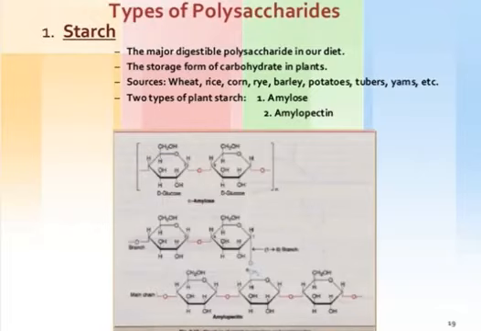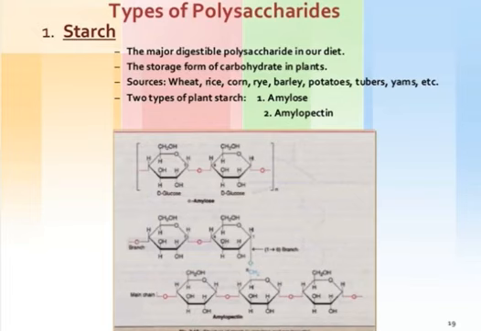Types of polysaccharide, that is starch, the major digestible polysaccharide in our diet. Storage form of carbohydrate in plants, sources wheat, rice, corn. Two types of plant starch are amylose and amylopectin.